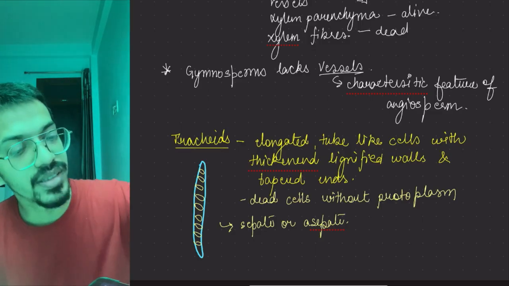Then comes the vessels. Vessels are the characteristic feature of angiosperms, we know about it. Vessels are individual cells stacked together that form a kind of tube.